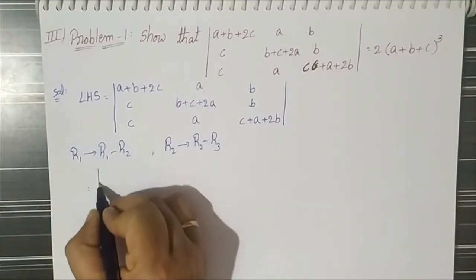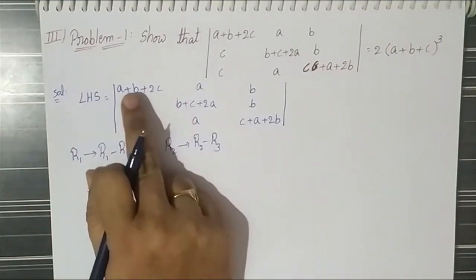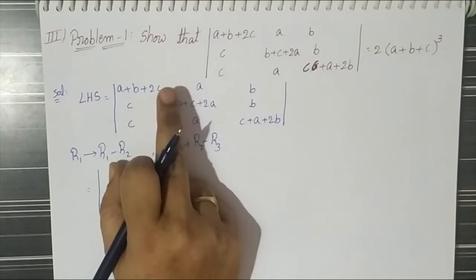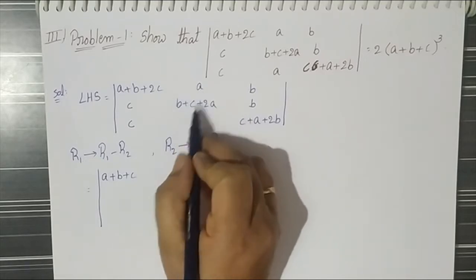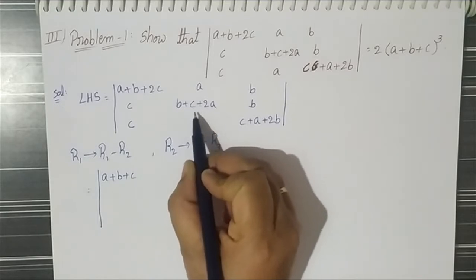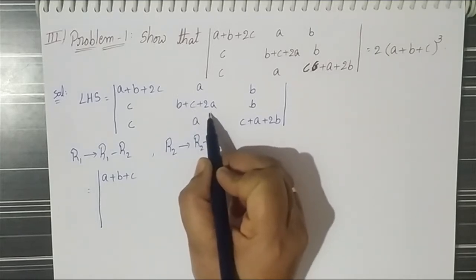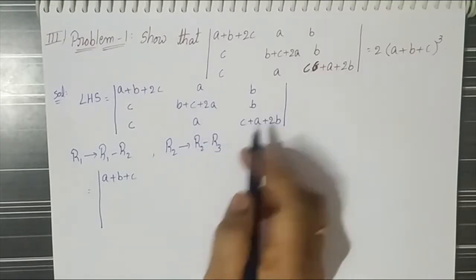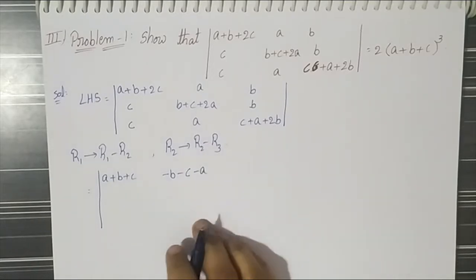Then that is equal to the determinant whose first row is R1 minus R2. The first element is a+b+2c minus c, which is a+b+c. Then a minus (b+c+2a) gives a minus b minus c minus 2a, plus a minus 2a, and the remaining value is minus b minus c minus a.